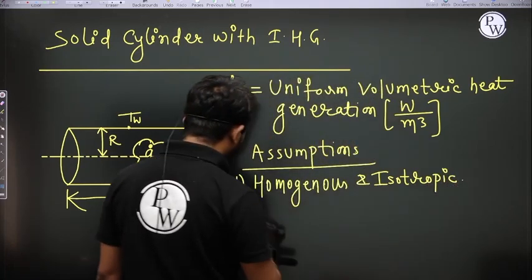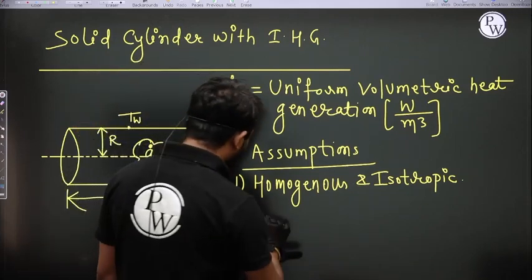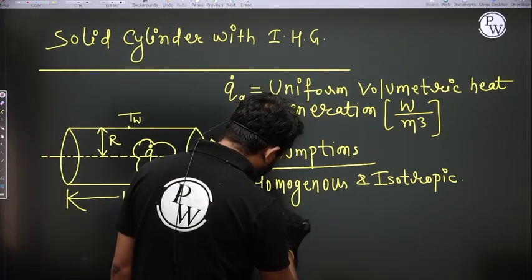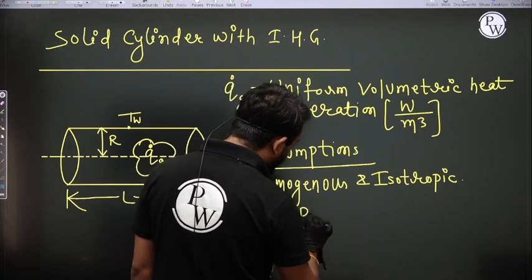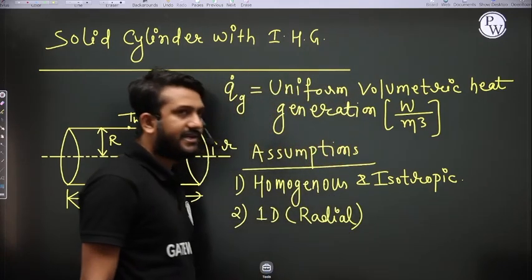This is the first assumption. The second assumption is one dimensional, and in one dimension, that direction is the radial direction.